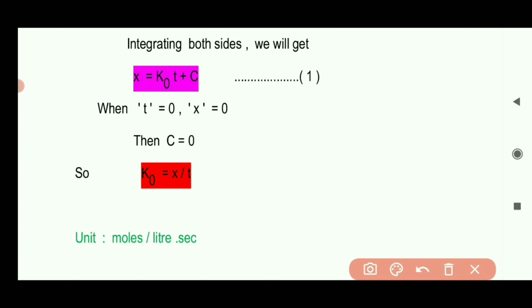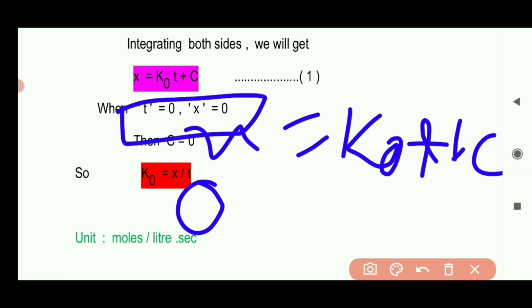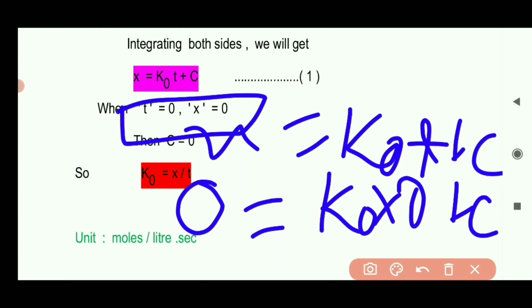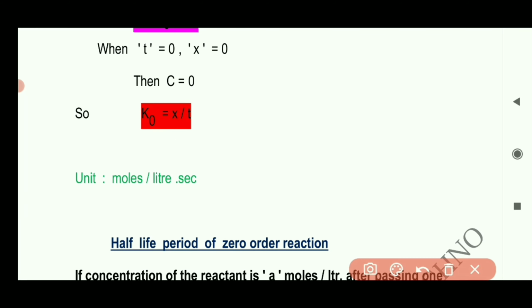Let's put x is equal to k0t plus c, where t is equal to 0 and x is equal to 0. So 0 is equal to k0 into 0 plus c, or c is equal to 0. Let's put the value of c in equation 1.